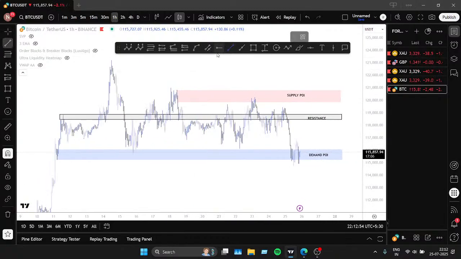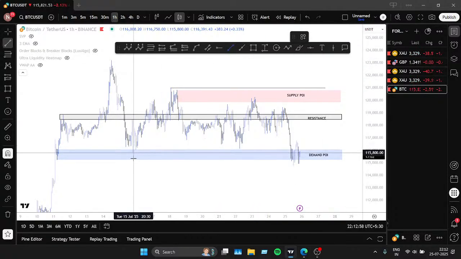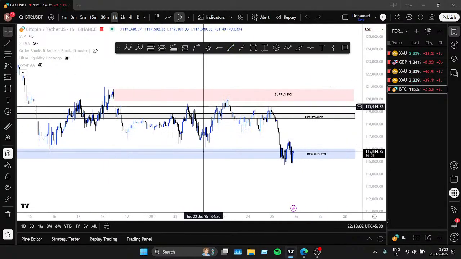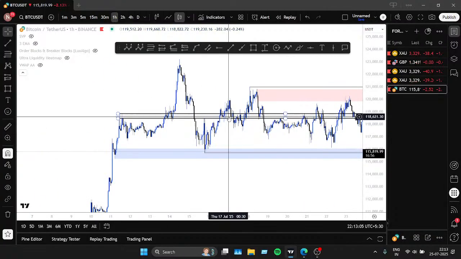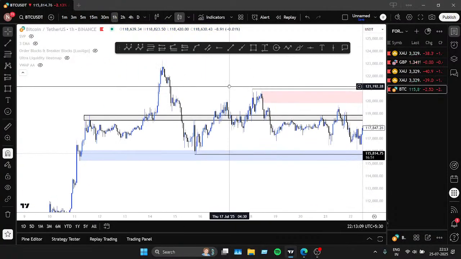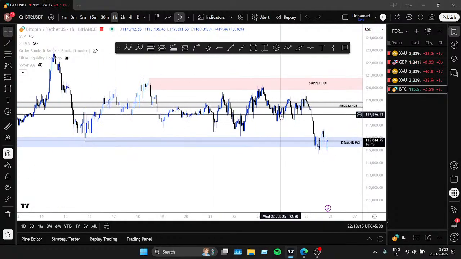If I look into it from this high and this high, BTC was basically doing consolidation. As you can see, we cannot confirm whether it's creating lower highs or higher highs or lower lows, right? It's just consolidating in this region, but finally it is making a move to the downside.